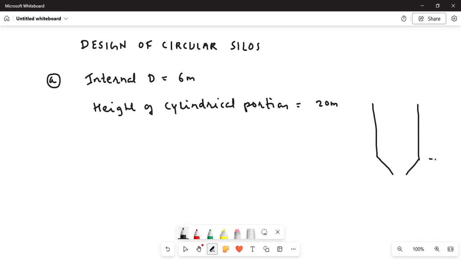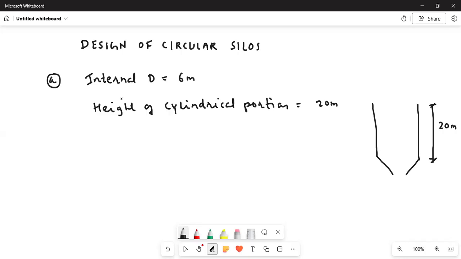It consists of a cylindrical portion and a hopper bottom. There may or may not be surcharge. Sometimes surcharge will not be there. If surcharge is given, then consider it; if it is not given, then don't consider it. The height of the cylindrical portion is given as 20 meter. Below the cylindrical portion, we have the hopper bottom.